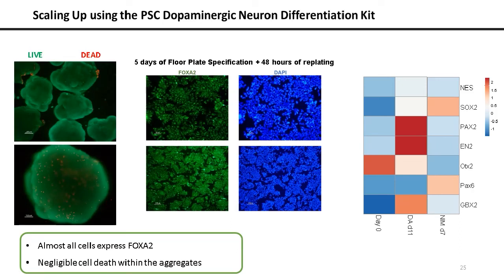And as you can see in here, we have upregulation of PAX2 and EN2, which are midbrain markers, when we use the dopaminergic neuron kit, and when we use the neural induction medium, we have an upregulation of FOX2 and PAX6. So this proves that this culture media can be scalable and still generate midbrain progenitors using 3D suspension culture instead of using the regular 2D approach.